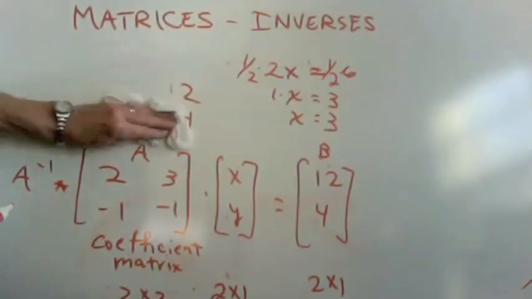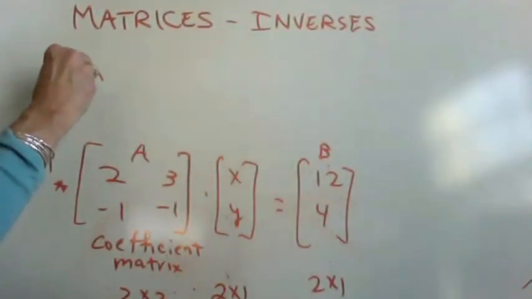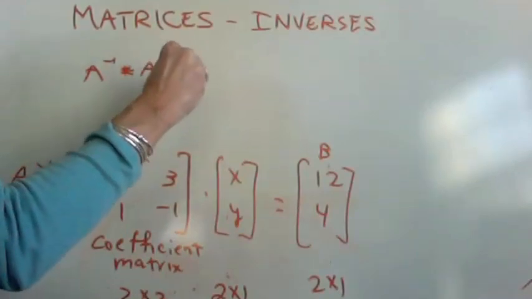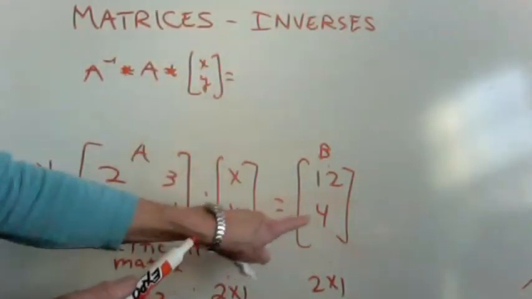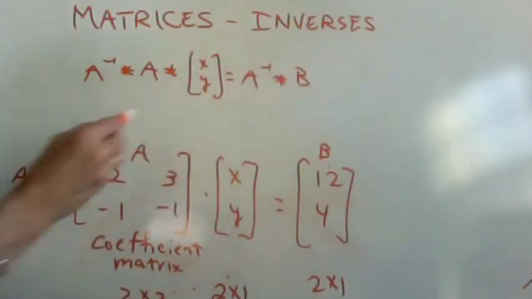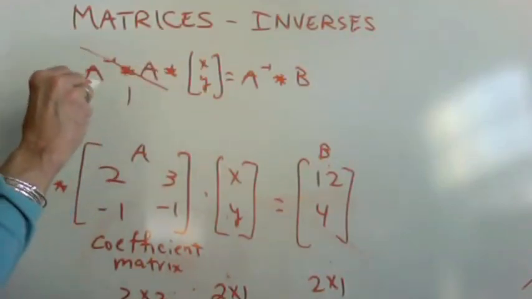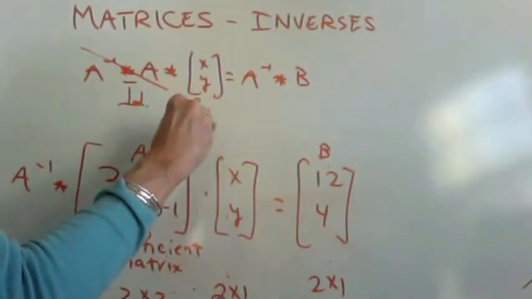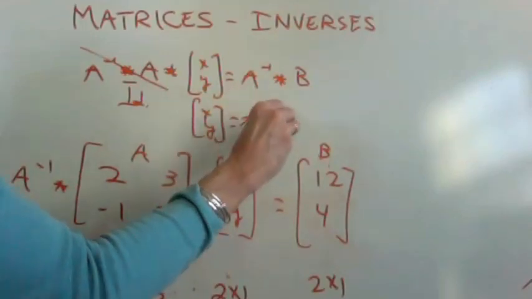So what in fact we get is A inverse times A times xy, and because this is a 2 by 2 and that's a 2 by 1, we must put it on the left side. So that means that this is going to be equal to 1, or the identity. We'll call that the identity matrix. So what we get is xy equal to A inverse times B.